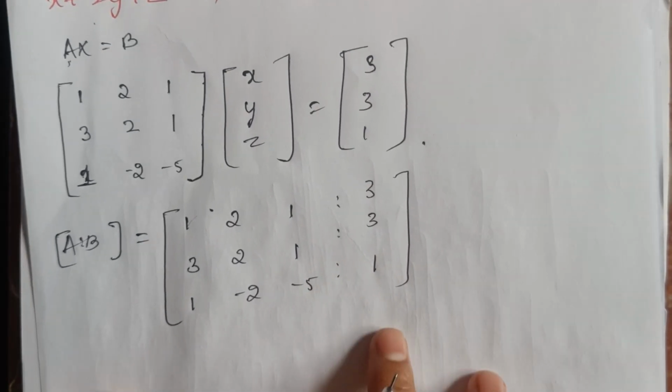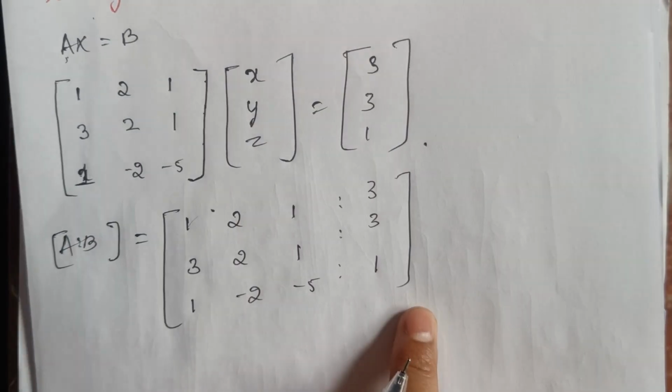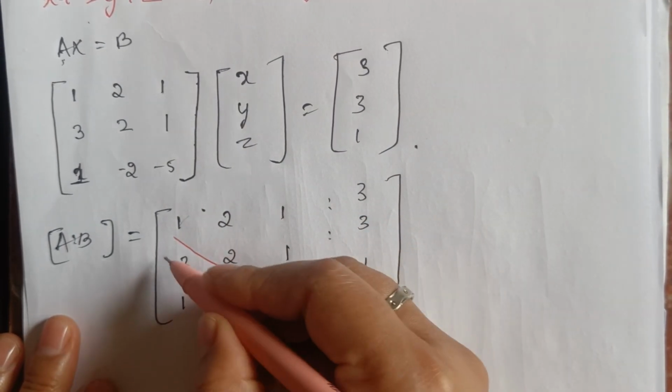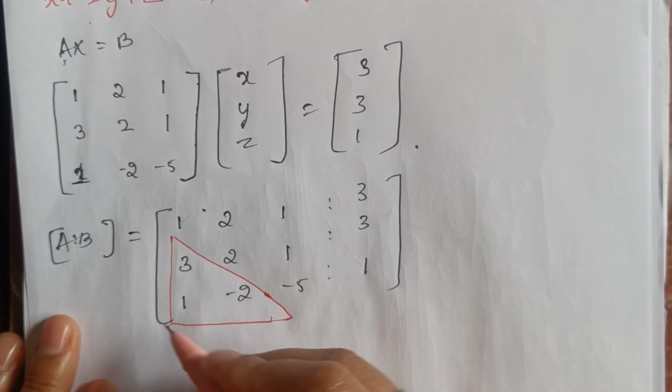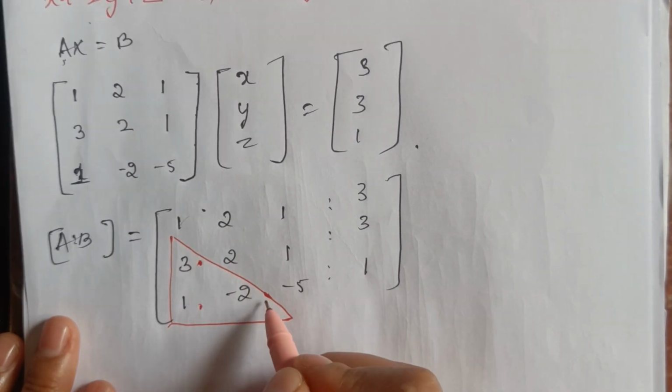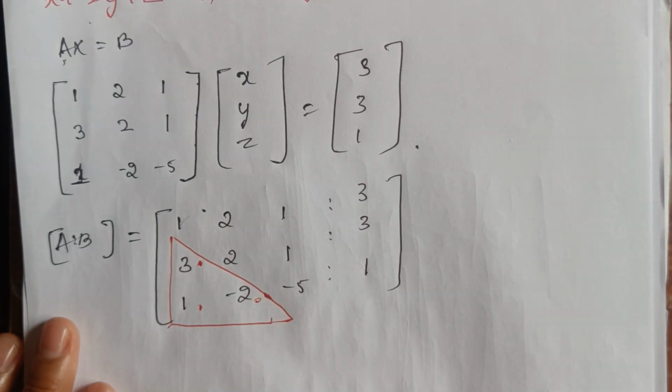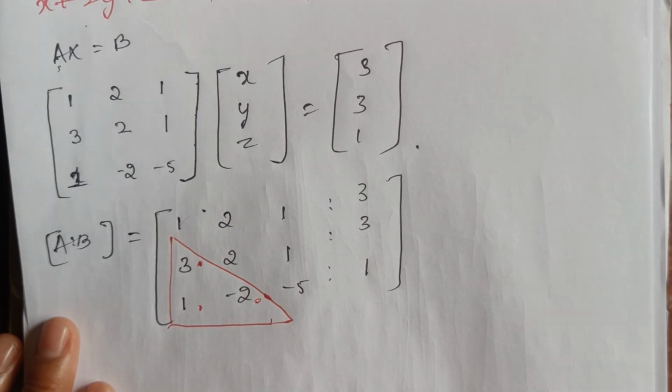Now we will perform some elementary row transformations to transform this to the upper triangular matrix. Upper triangular matrix means I want 0 in these three places, and all the other elements in the upper triangular part should most probably be non-zero.